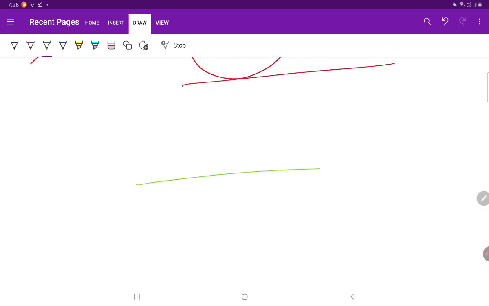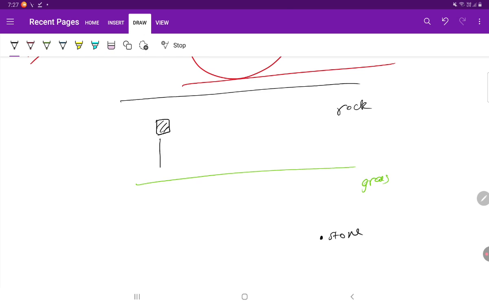You might have seen problems like: suppose here is a grass field, and here is a rock field. Your house is somewhere here, and you have to reach some point here where there is a nearby store, and your house is at a distance d1 from the grassland, and the store is at a distance d2 along the vertical, and this distance is given as some l.